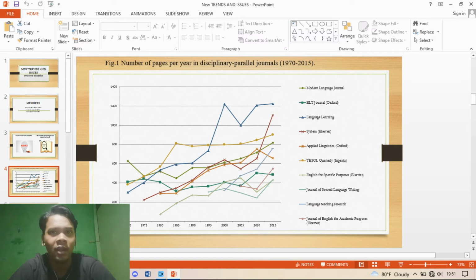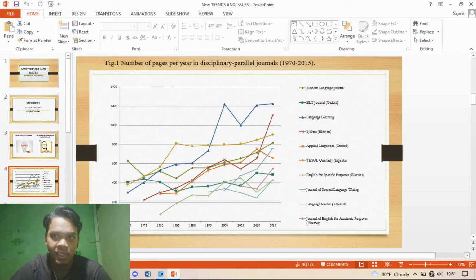This increase reflects an increase in other journals with similar content to Language Teaching Research. To illustrate this growth, I will show you figure 1, which compares 10 peer-reviewed journals, including Language Teaching Research, in terms of total pages. Also notable is the number of journals that have cropped up over the past few decades.